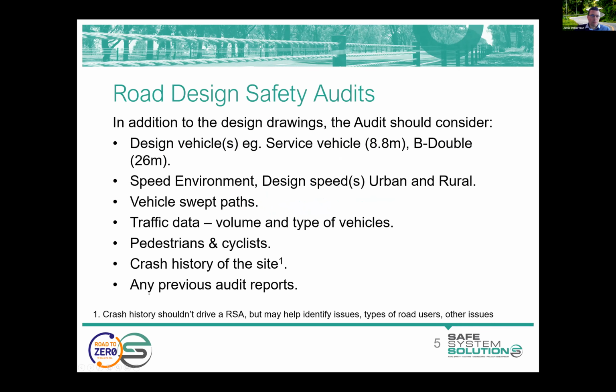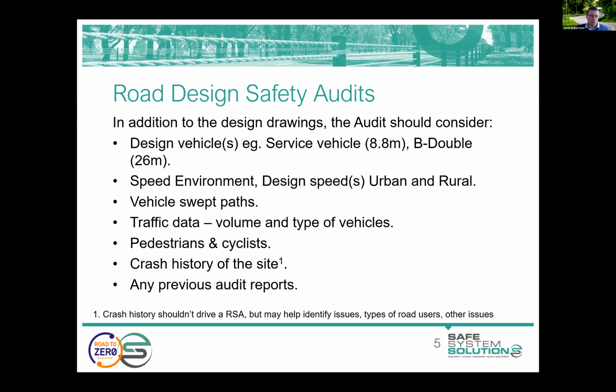So when we're undertaking a road safety audit at a design stage, we obviously have a set of design drawings, and that can be pretty extensive, especially when we're dealing with a project at the detailed design stage. In addition to that, you might receive or you might request some additional information to help you understand the background and the context of the project.